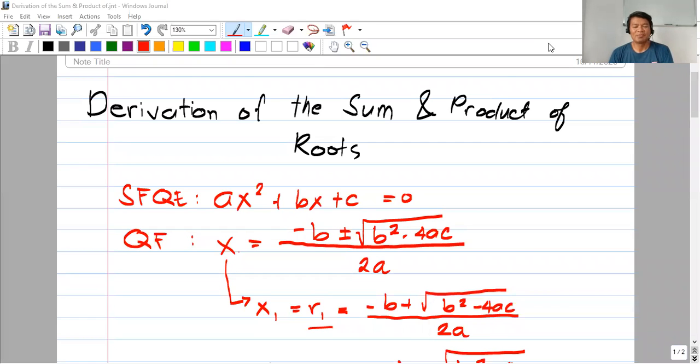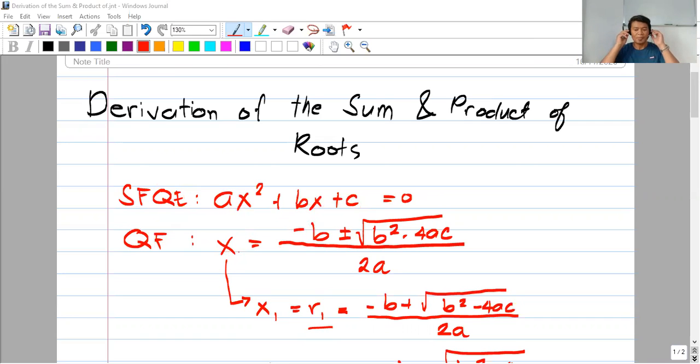Okay, so this time I'm going to share the derivation of the sum and product of roots of a quadratic equation. We recall that the standard form of a quadratic equation is given by ax squared plus bx plus c equals 0, where a, b, and c are elements of real numbers, and a is not equal to 0.